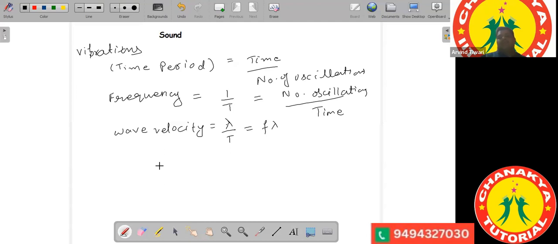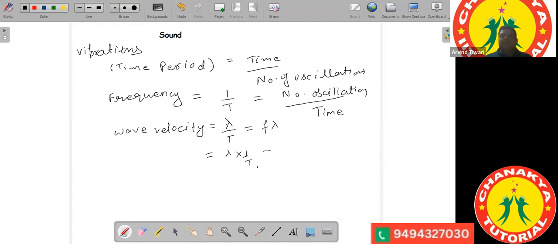So how did we get this f lambda? See, from the same expression, we have lambda by T. So we can write this as lambda into 1 over T. And as we know, 1 over time period is the frequency.